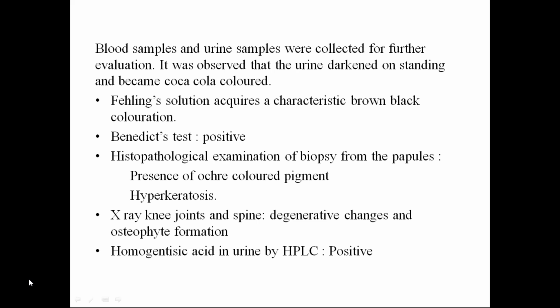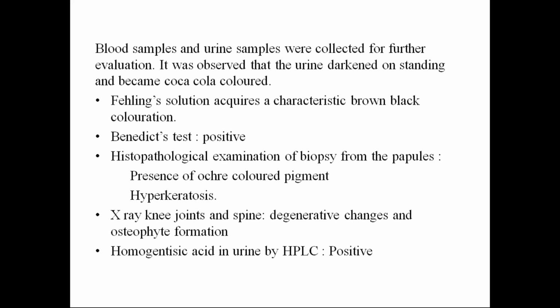Okay, and remember the history of back pain and stiffness of the knee joint. For that, X-ray of the knee joint and the spine was done, and degenerative changes and osteophyte formation can be seen in the X-ray.